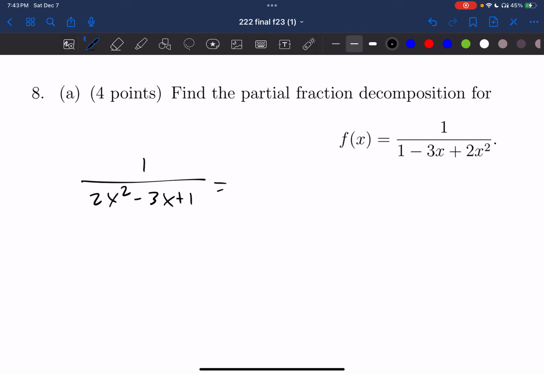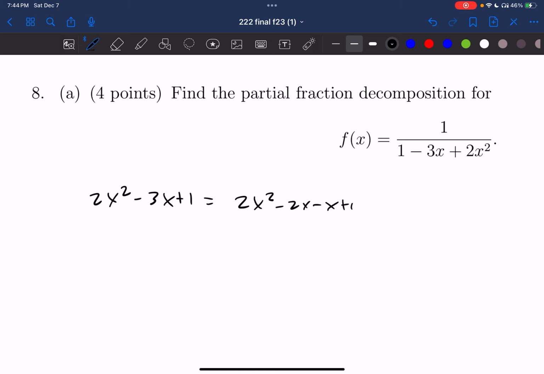You're going to get negative 2 and negative 1, because negative 2 times negative 1 will give you 2, which is what we want. So, let's just look at the denominator for now. This will be equal to 2x squared minus 2x minus x plus 1.